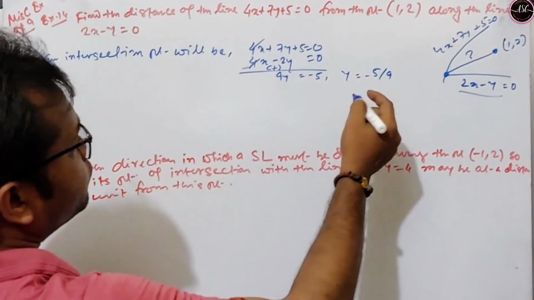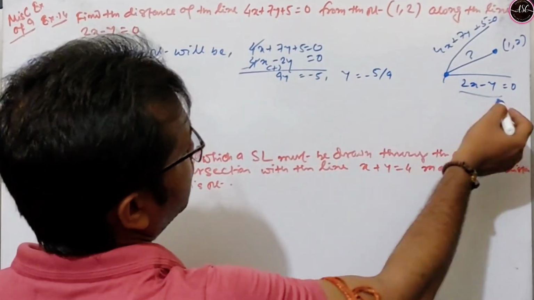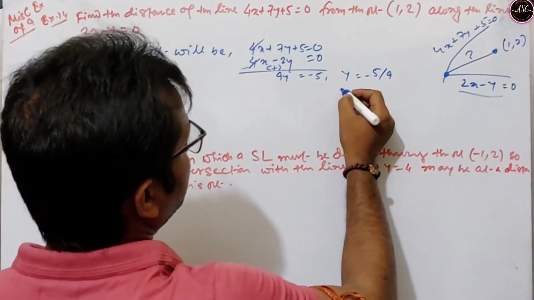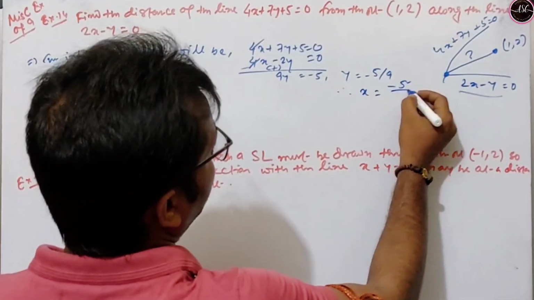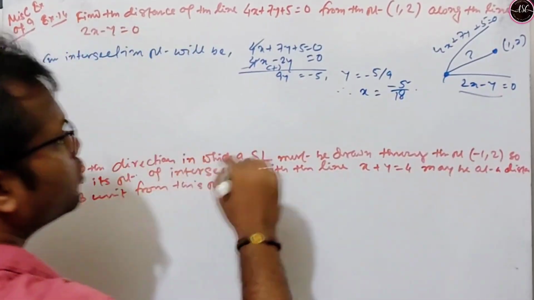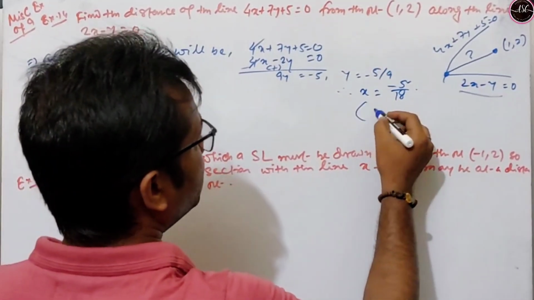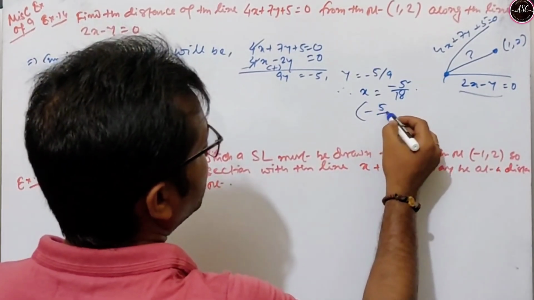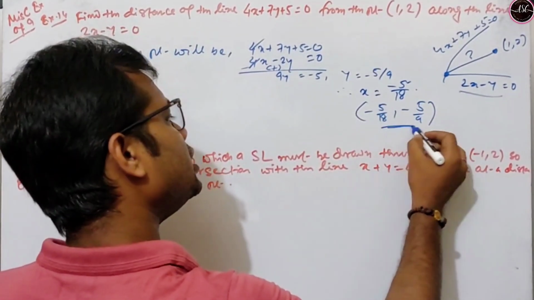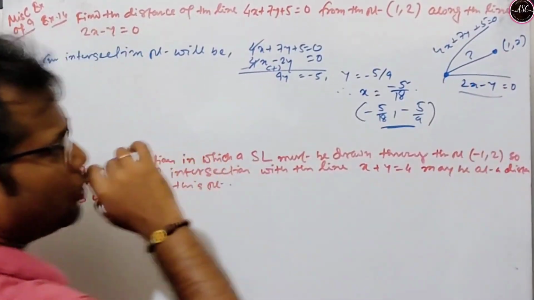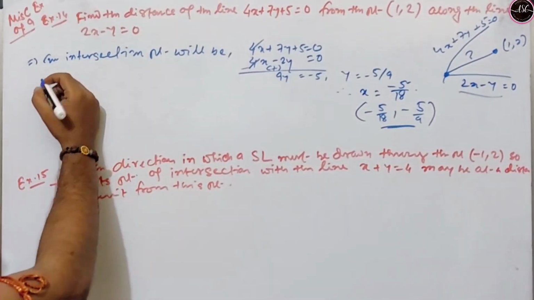Putting the value of y here, we get x. Therefore x equal to y by 2, that means minus 5 by 18. So the intersecting point will be minus 5 by 18 comma minus 5 by 9. The distance between this point and the other point will be the required distance.